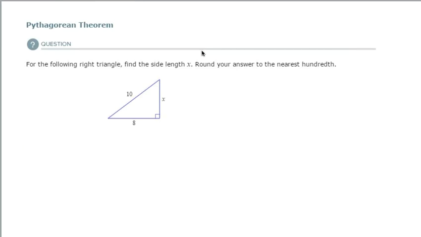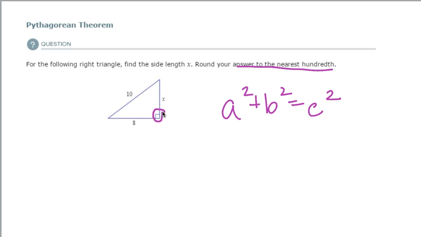Next up, for the following right triangle, find the side length of x, round to the nearest hundredth. So again, I have a squared plus b squared equals c squared. Do not assume that the two sides that you get are automatically the a and the b. The right angle tells us which is a, which is b, and which is c.